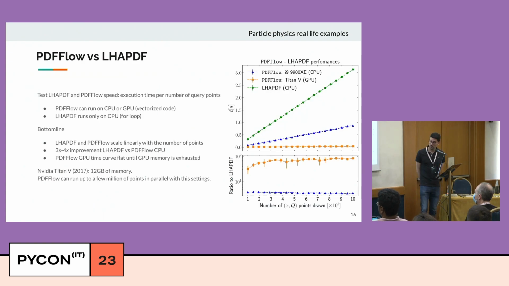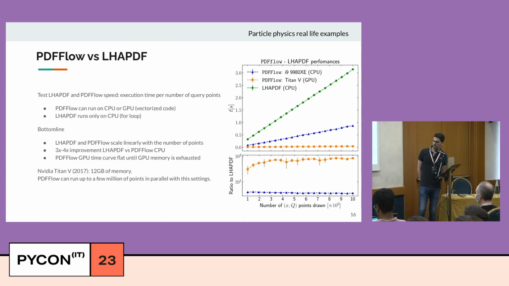And as you can see on the plot on the right, we have really big enhancements in terms of performance. The green curve is the lhapdf C++ code that can run on CPU only. The blue and the orange curve instead are our code, which is able to run either on CPU or GPU as well. Since it's written in TensorFlow, it's ported seamlessly to whatever device you have.